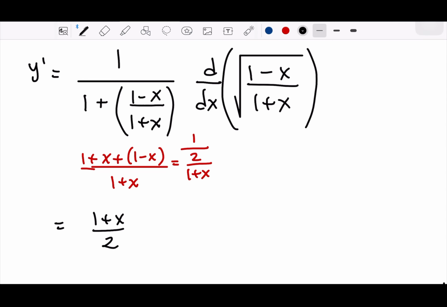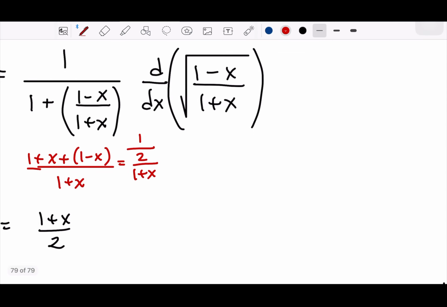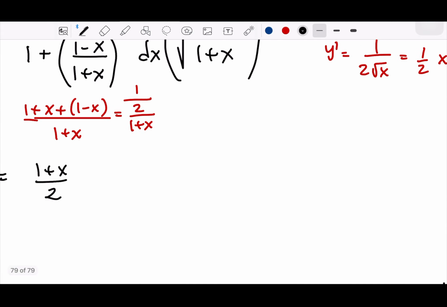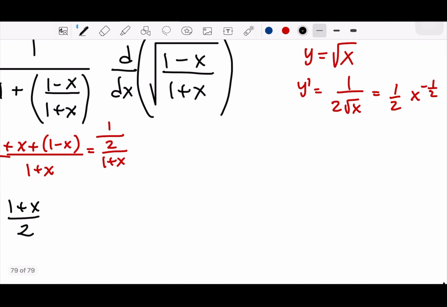Remember, when we have the square root of x, its first derivative is 1 over 2 square root of x, or we could say half x to the power of minus half, right? So let's write that first, and then apply another chain rule. As long as you keep patient and steady, I think you'll finish these equations.